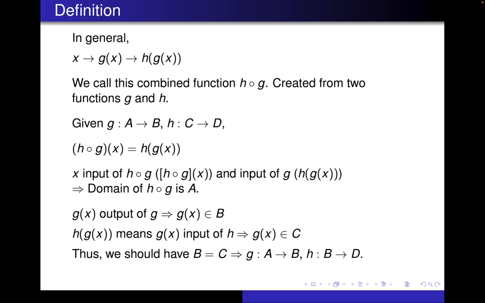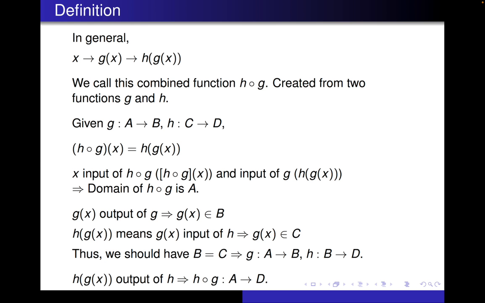So in general, in order to define what the composition of functions is, you have to have g as a function from some set A to some set B. h has to be a function from B, the same set B that was the codomain of g, to another set D. So now h of g of x, that is going to be the output of h, right? g of x goes in, h of g of x comes out, which implies that h circle g has to have the same codomain as h does, right? h of g of x is going to be an output of h.